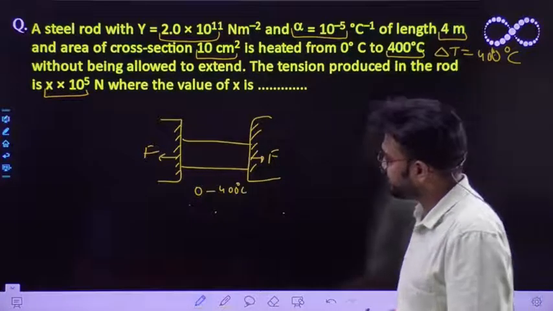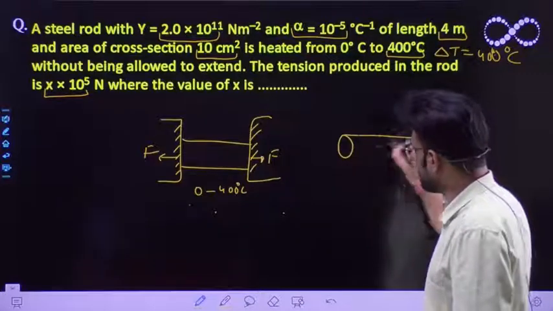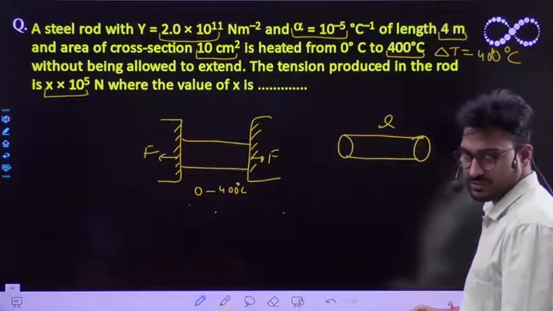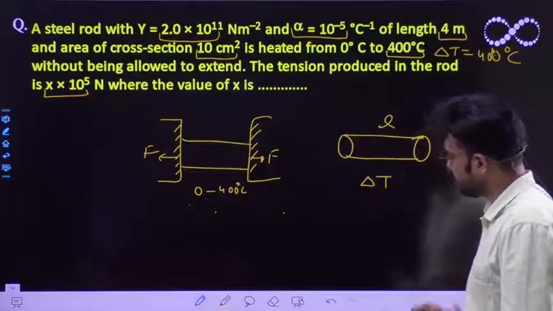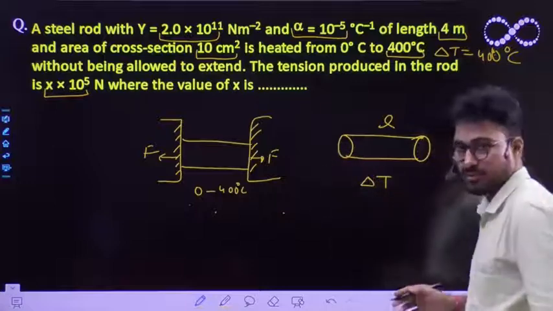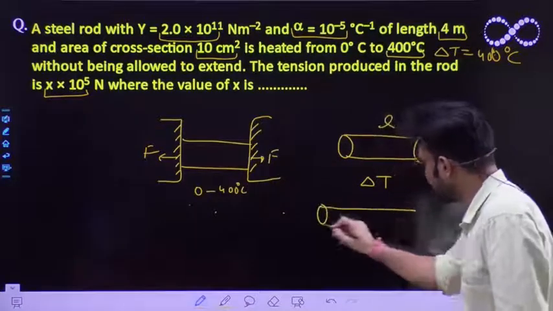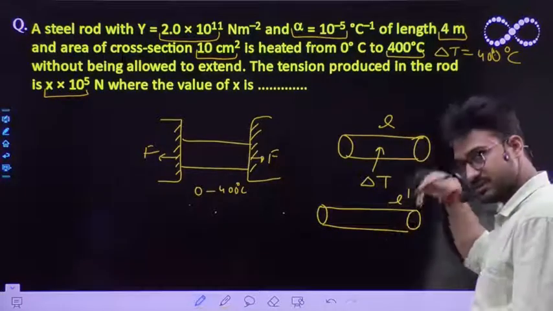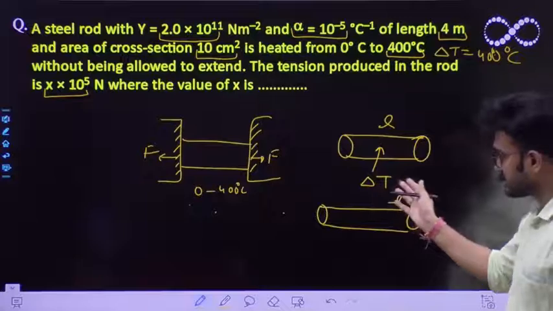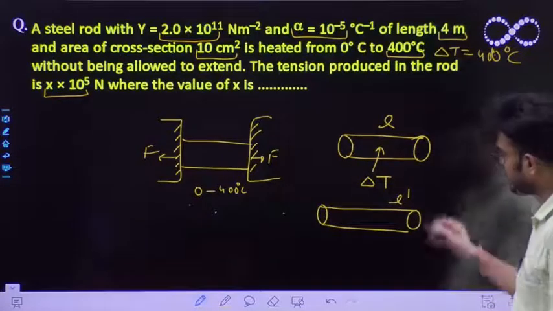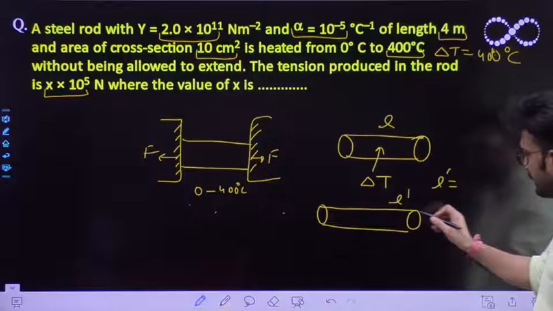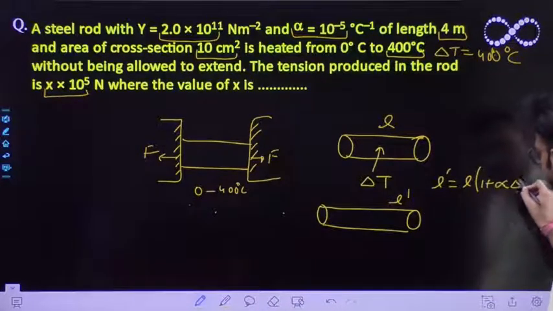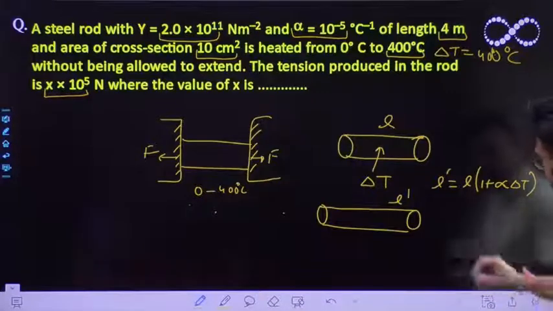So what will happen if it is a natural condition in which it is expanding like this, and its natural length was L, and suppose after delta T of temperature, its length becomes more. Finally its length becomes, let it be L dash, after being subjected to the heat, with change in temperature delta T. We already know that this L dash must be equal to the original length L times 1 plus alpha delta T. And what about the change in length?